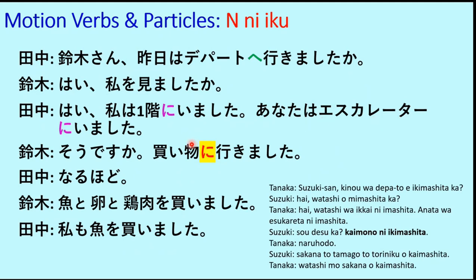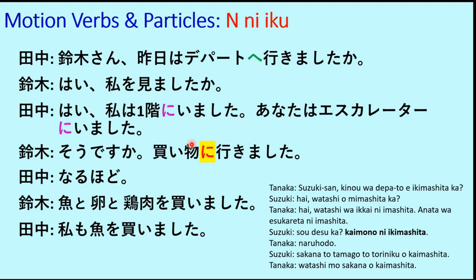And you were on the escalator. That's the reason why we could not have a word. So I saw you going up on the escalator. This is what Tanaka-san means. I tried to keep it simple, so simple sentences.